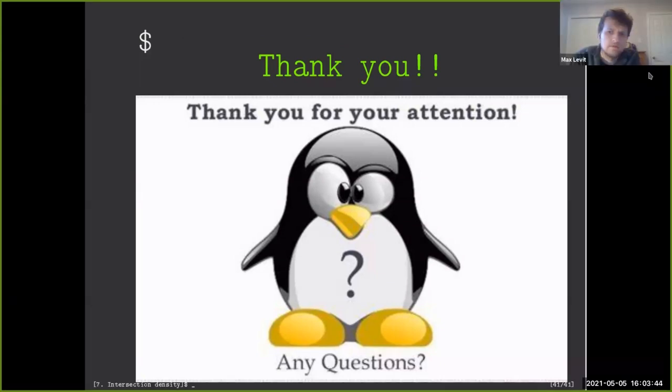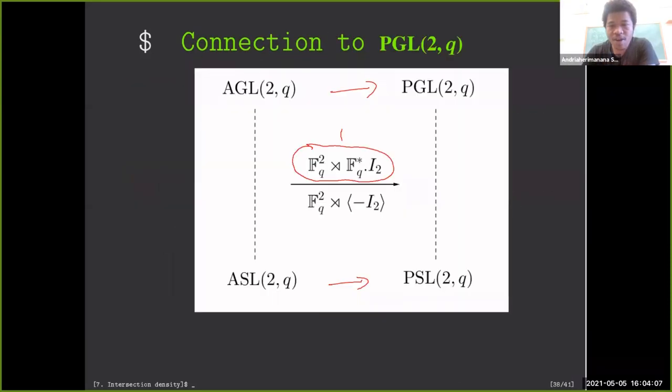Apologize if you've already addressed this and I just missed it, but is there any indication of how this intersection density parameter behaves with respect to operations you might want to do to stick together groups or get bounds, or taking some sort of interesting product? Yeah, I think we really haven't tried that.